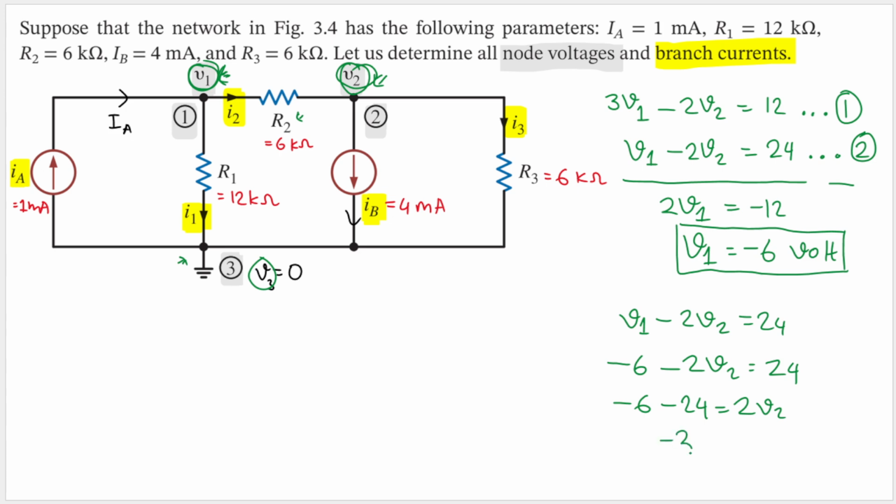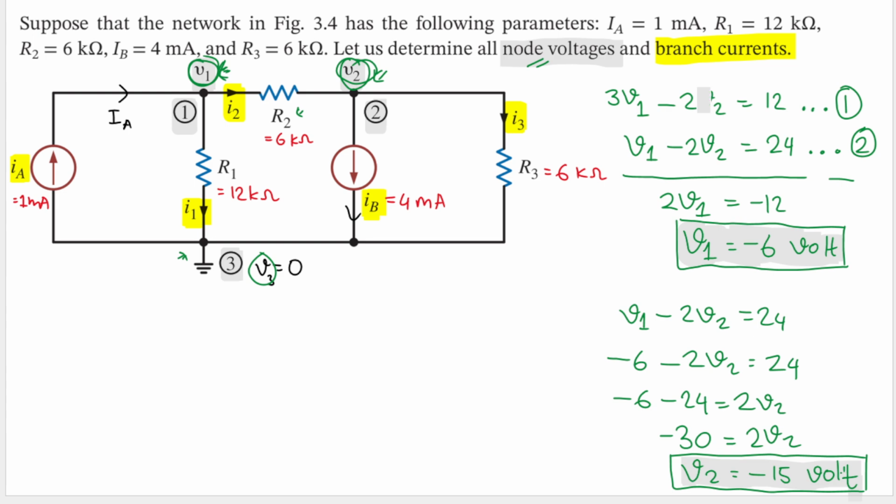Then minus 30 is equal to 2V2. And so V2 is equal to minus 15 volt. Good. And we answered the node voltages question. V1 and V2 are all the node voltages, so let's highlight that here with gray.